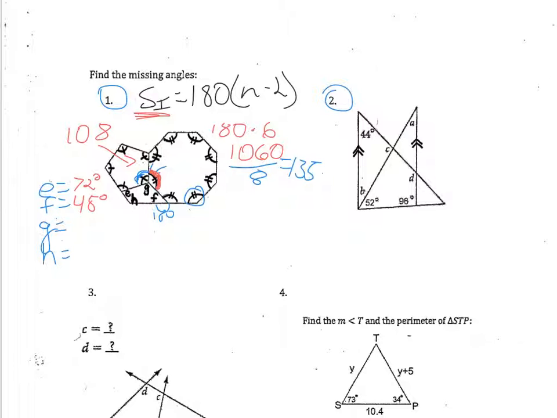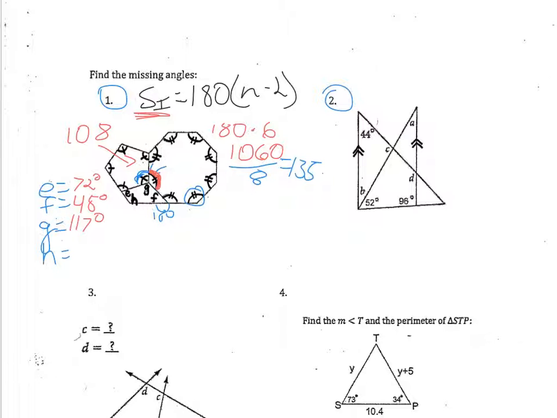To find G, we should think of that as making up an entire circle, and a circle has 360 degrees in it. So we take 360 and we subtract away 135, and we take away 108, and we're left with 117 for G, 117 degrees.